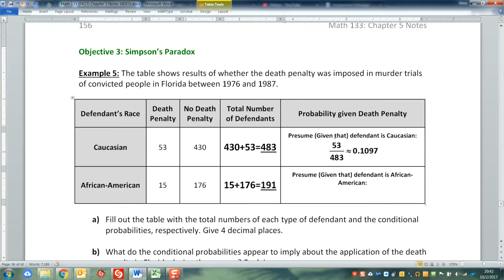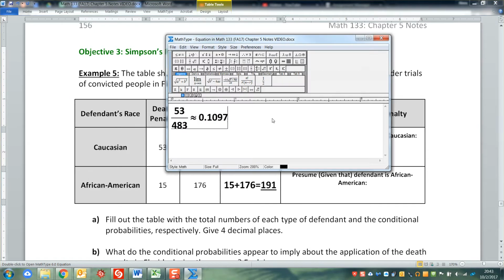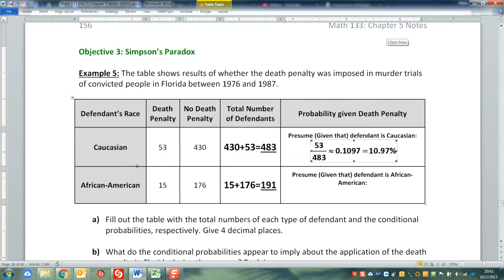So we look at this total row. The total for the row is 483. So we're going to take 53 and divide it by 483, which is 10.97% or 0.1097. So 10.97% of the Caucasian defendants were given the death penalty.